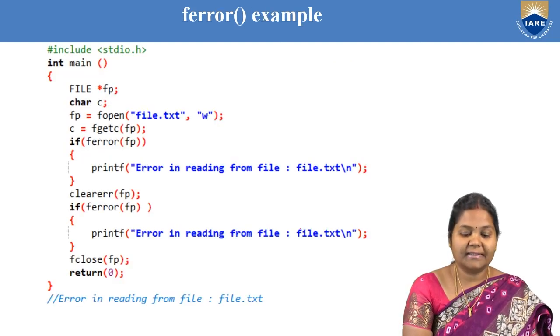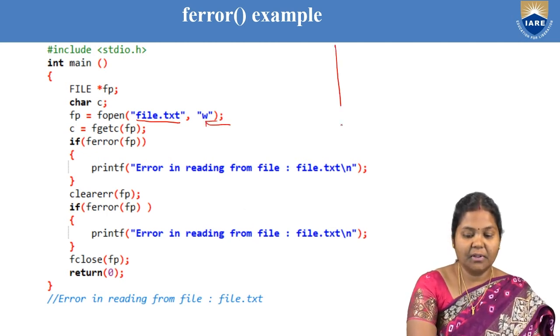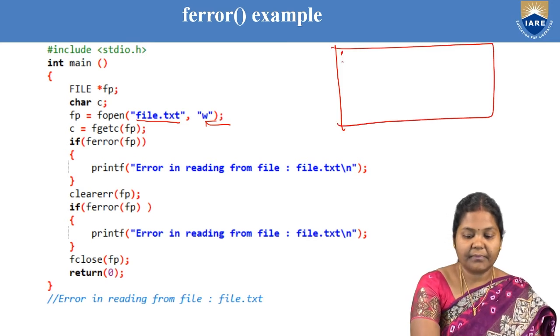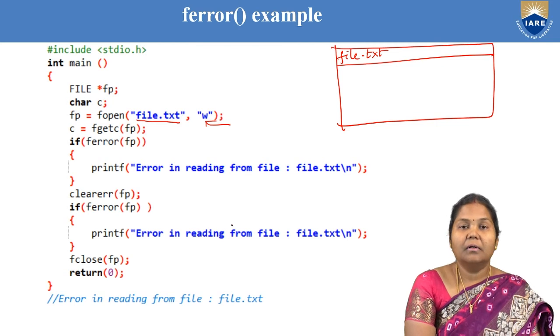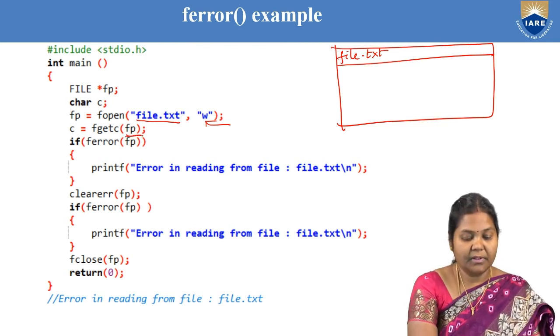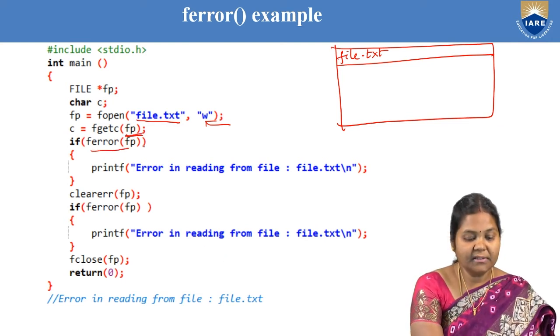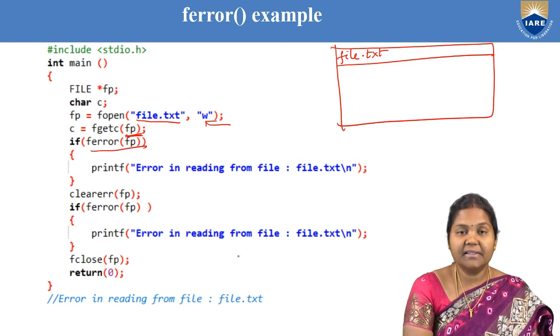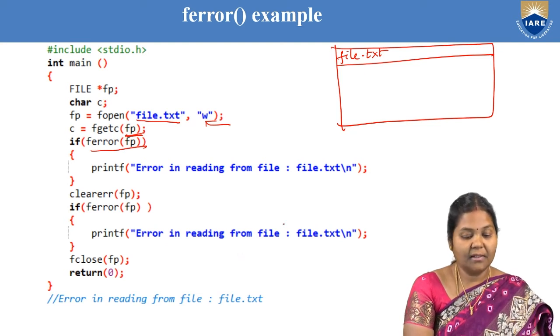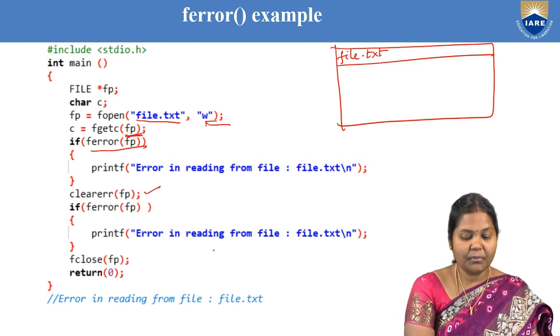Now, let us see one example. Suppose we are taking file.txt and opening it in write mode. We will write something to this file. Now you try to read one character from this file, and if there is any error in reading the file, we use the clearerr function.